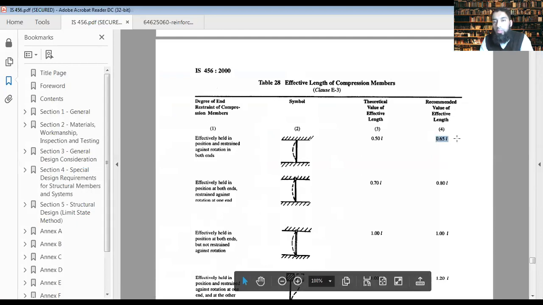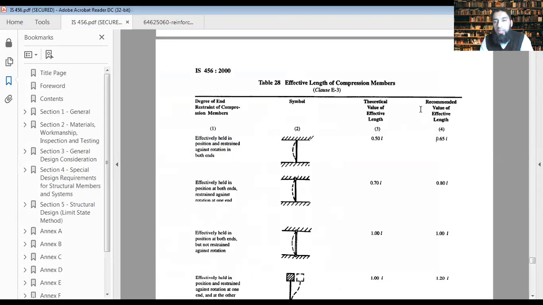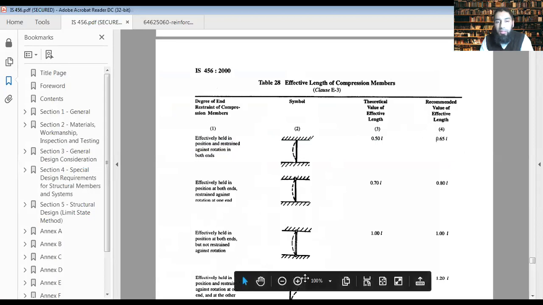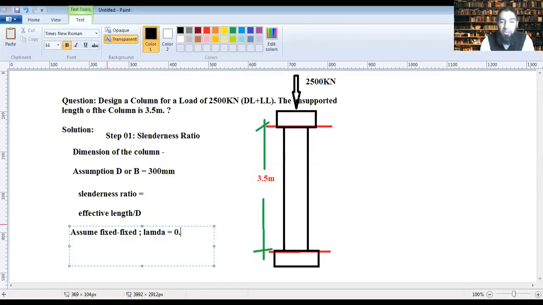So this is 0.65 into your length, that's the unsupported length, divided by D, which is now 0.3, because I'm converting into meters.